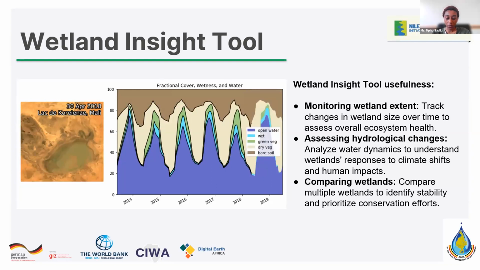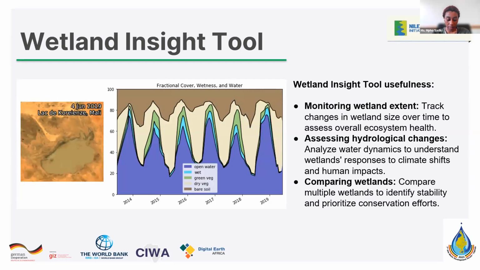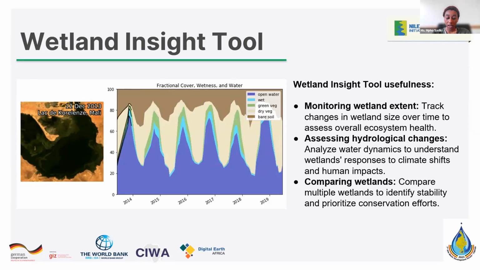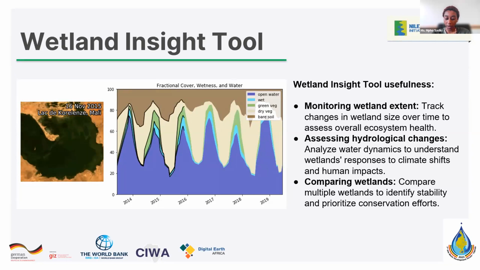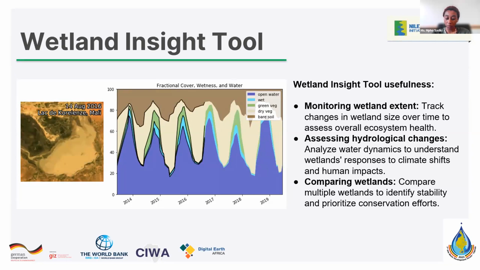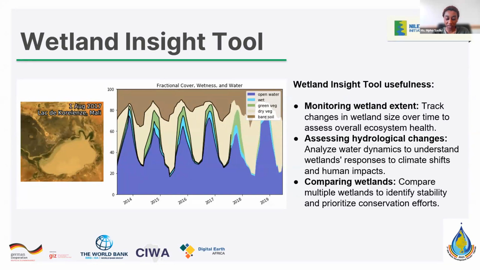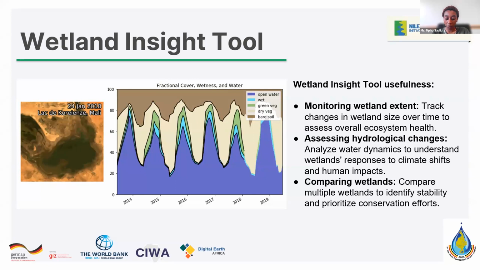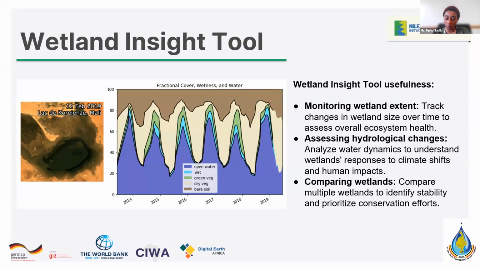This product is designed, of course, to understand how a wetland is changing over time. In instances where you know that the wetland is changing, it can allow you to look at whether these changes are gradual, whether they're rapid, whether they're once-off, or whether they are cyclical in nature. For wetlands, you can look at whether the following drivers can be assessed: river flow volumes, change in flood frequency, long-term shifts in rainfall, invasive weeds, and so on.